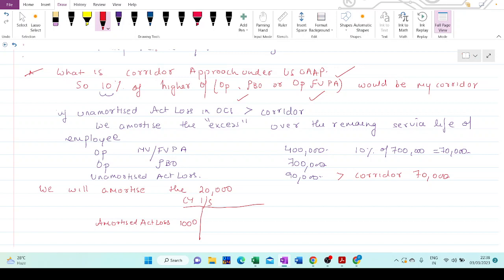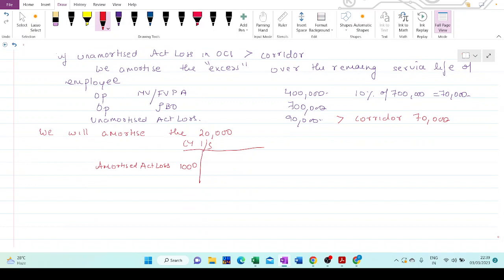So we'll amortize 1,000 in the income statement every year for the next 20 years, right? Guys, are we good here? Any doubts, please? Yes or no?